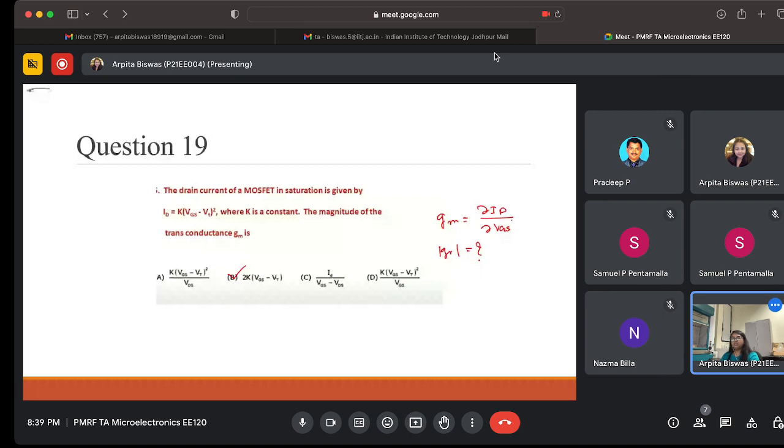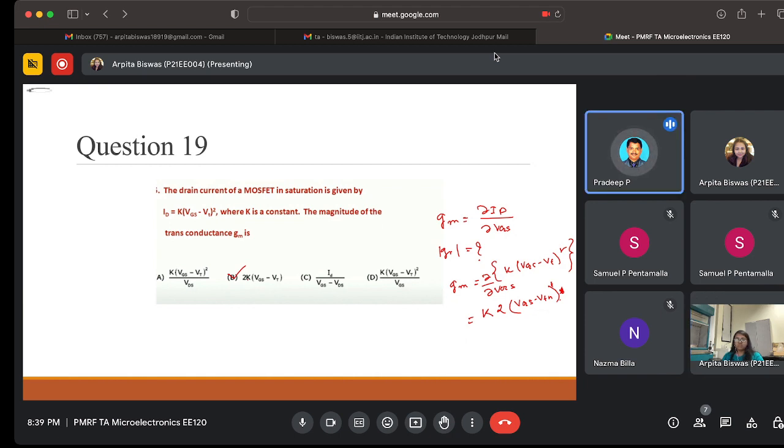I have already told how to derive: 2 into x to the power n minus 1, and the derivative of the whole thing is 1. So the right answer is 2K into VGS minus VT. Pradeep, is it clear? Yes, madam. Simply do dou ID by dou VGS, a simple derivation.